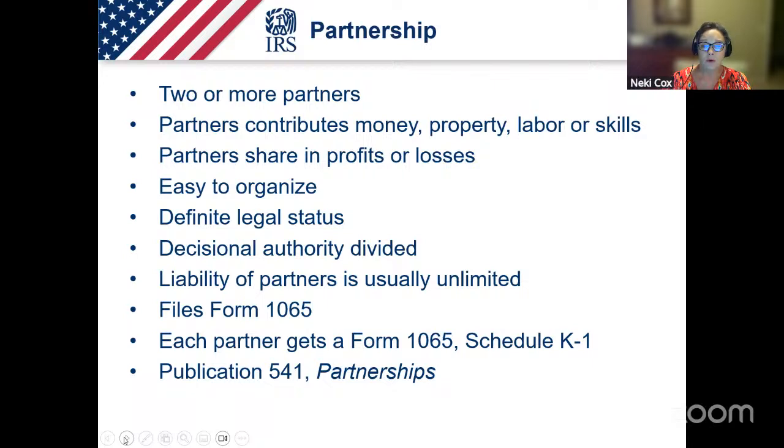The partners then report these items on their personal income tax returns. Partnerships still have to file employment tax returns and pay employment taxes on employees' compensation. If you would like more information about partnerships, you can take a look at IRS Publication 541, Partnerships, as well as the forms used for partnerships, Form 1065 and 1040.